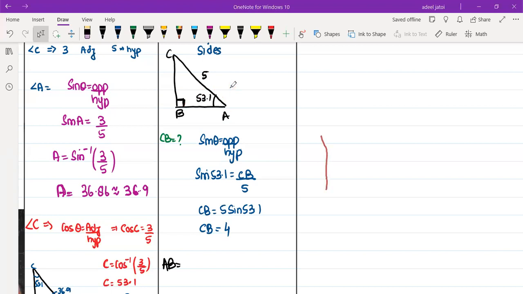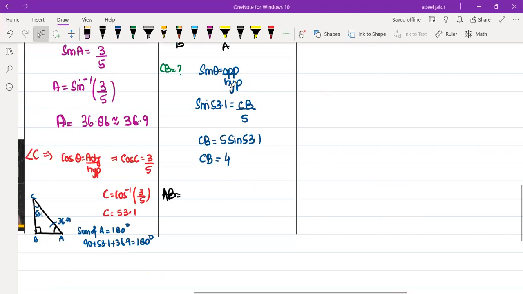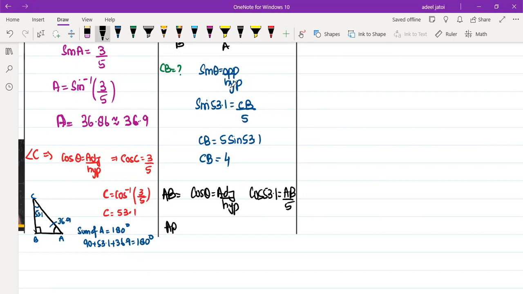So we can always write down what? Cos theta. Cos theta is equal to adjacent upon hypotenuse, whereas cos 53.1, adjacent is AB and this is 5. So AB will be 5 cos 53.1.